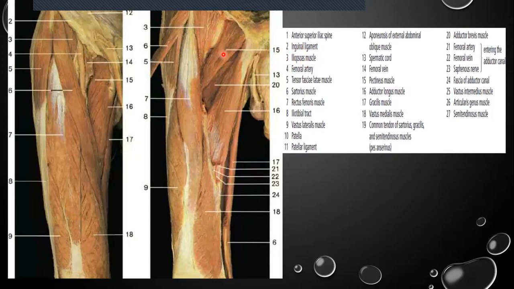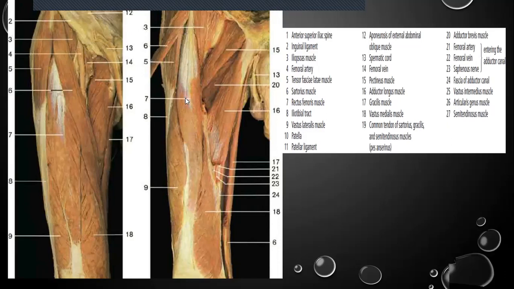Then here you can see your pectineus muscle. Here you can see your adductor longus, and deep to adductor longus is your adductor brevis. So then here you can see the rectus femoris. Those are muscles of the anterior thigh, which by now I believe you might have looked. If you haven't, I will do a video on that.